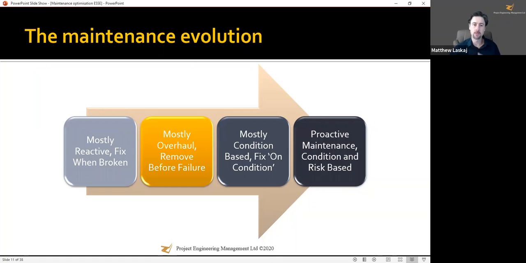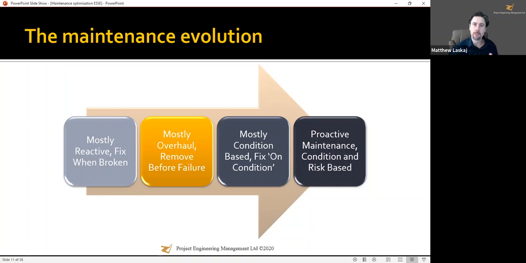So the pressure rose on the operations teams, and we had to make sure that our equipment wasn't going to fail unexpectedly. So rather than just waiting for it to break, what they wanted to do was remove it or overhaul it before it broke. So every year, every 6 months, every day, whatever it's going to be, do some overhaul maintenance or planned maintenance.